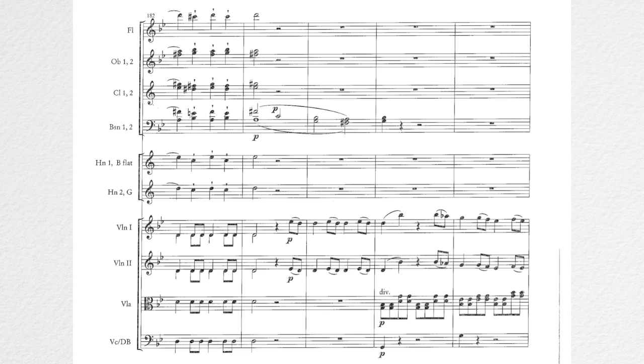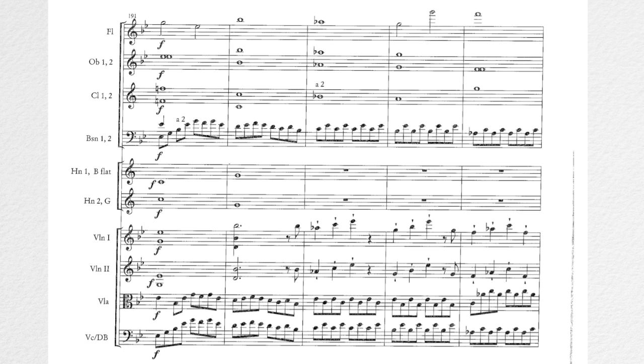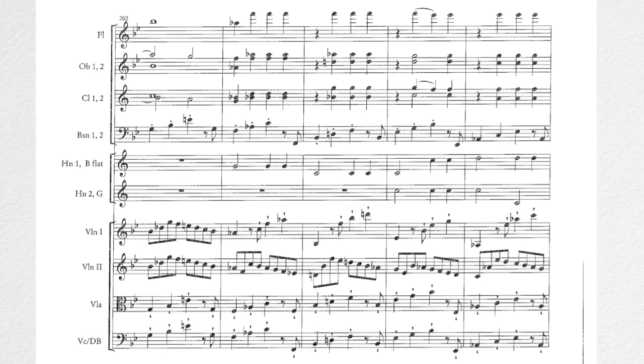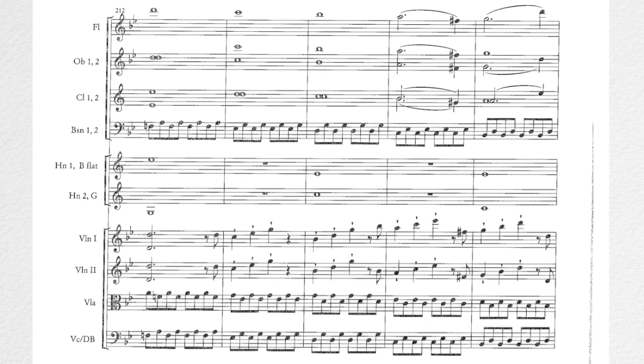In the bridge, the first subject is repeated and then the music immediately modulates to the key of E flat major. The music modulates throughout this short passage to F minor, then to E flat major, and then finally back to the home key of G minor at bar 211.